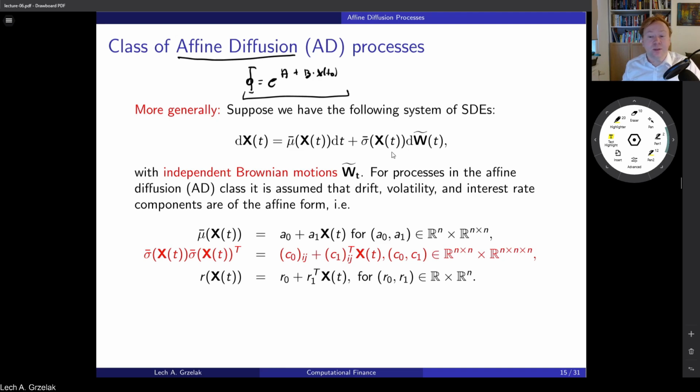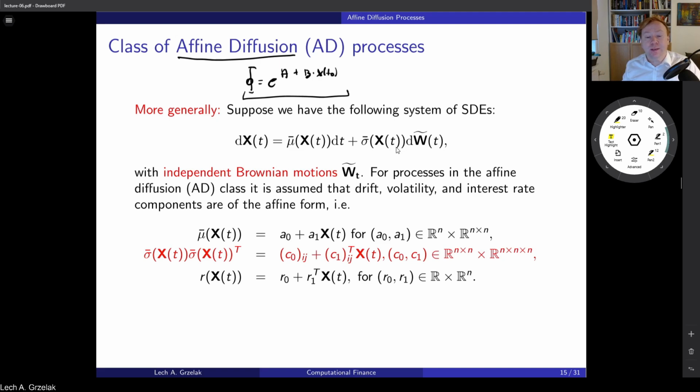But this has to do with matrix decomposition, the so-called Cholesky decomposition, which allows us to transform correlated Brownian motions into a set of independent Brownian motions. However, then we need to modify our volatility structure. So you can imagine here that volatility is a matrix, depending on the number of x's and the number of Brownian motions.